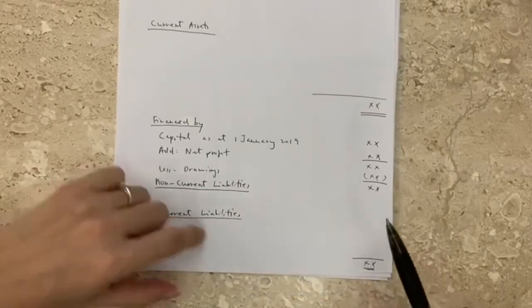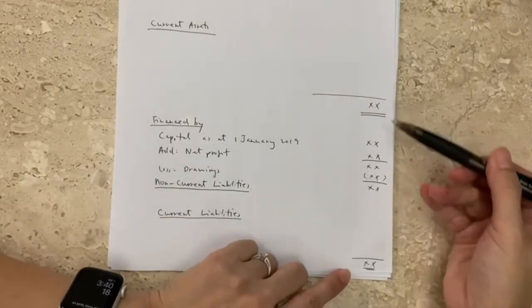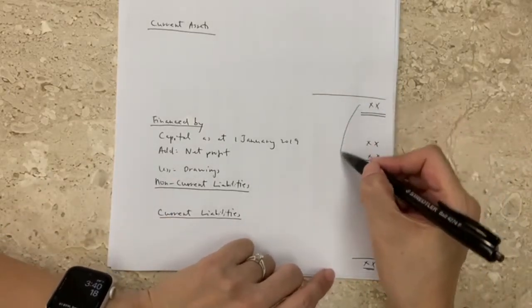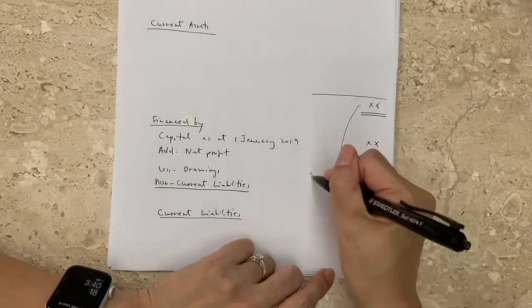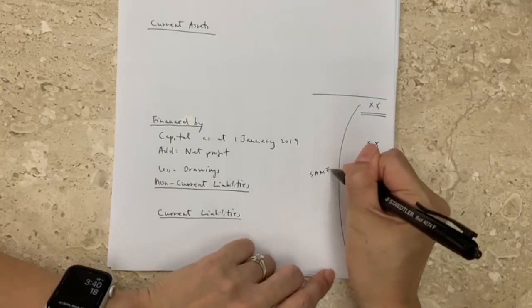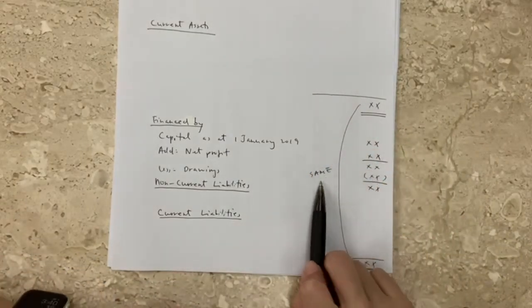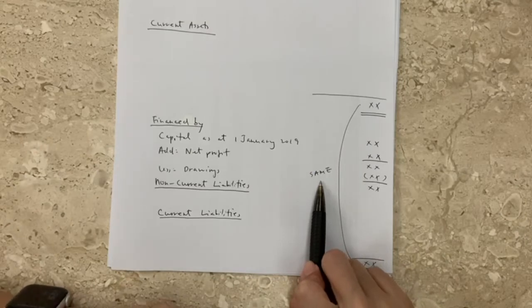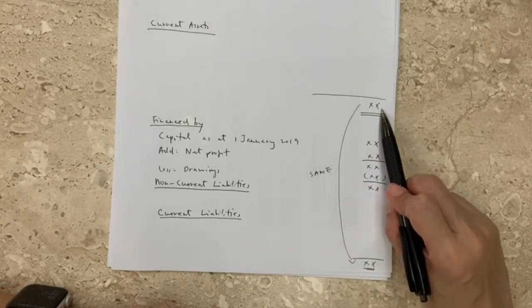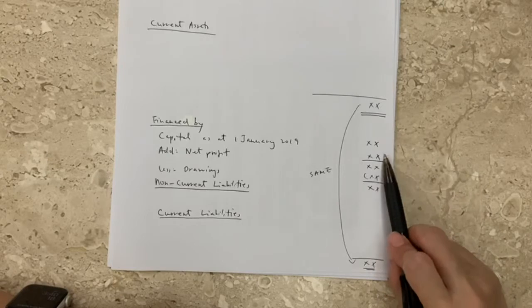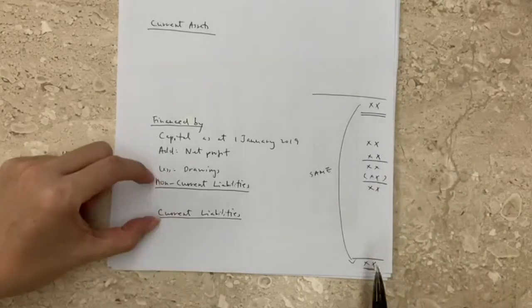Finally, this figure and this figure must be the same, as we always have the accounting equation saying that total assets equals capital plus all the liabilities.